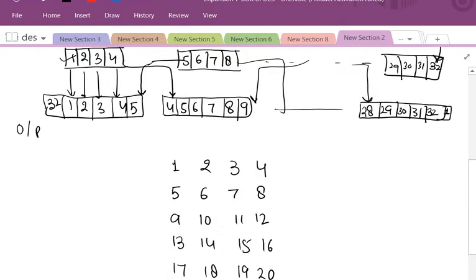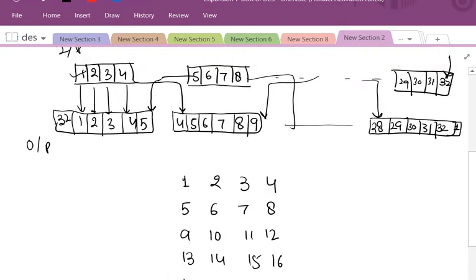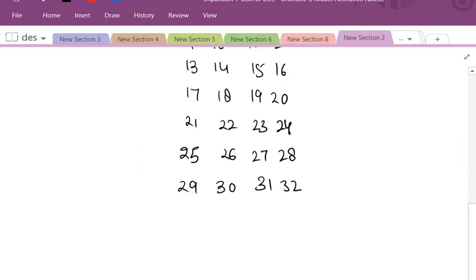Now I already told you that the first bit of my output is 32. So situate 32 directly here, and the last bit will be 1.